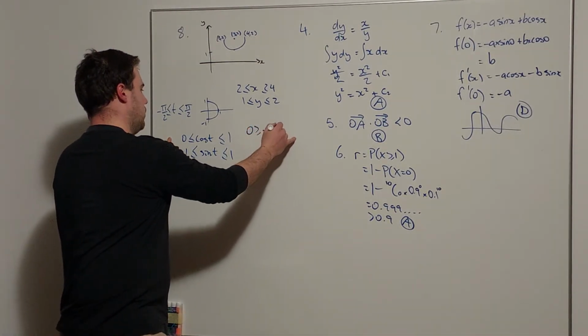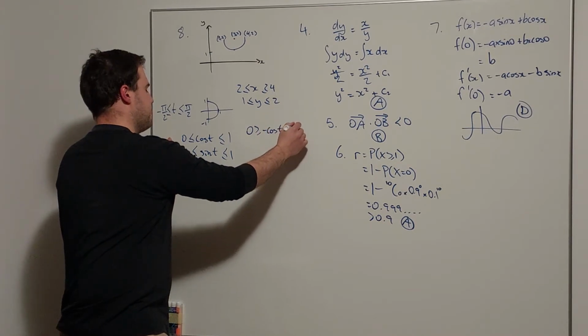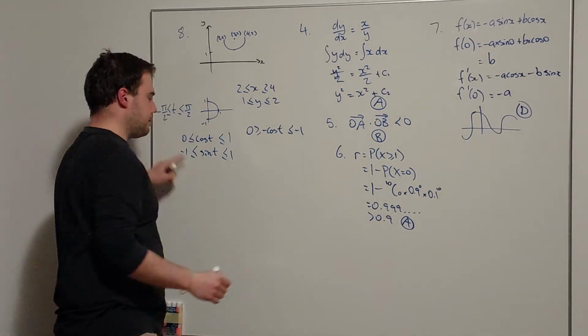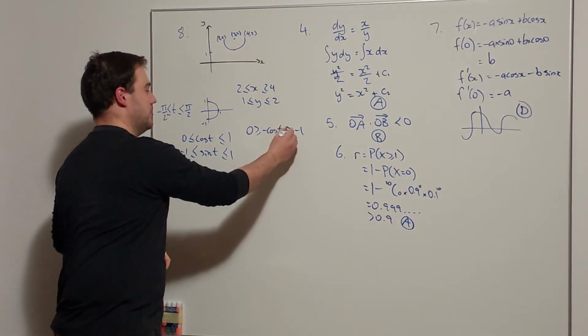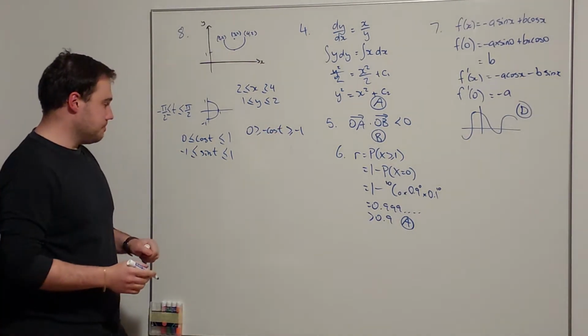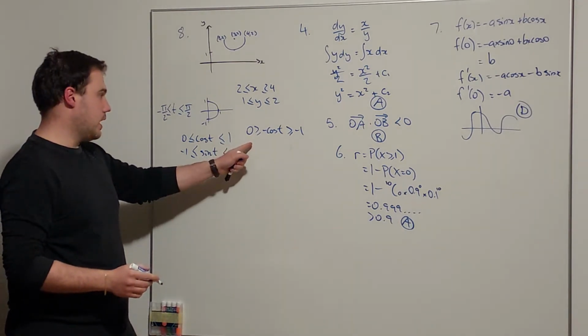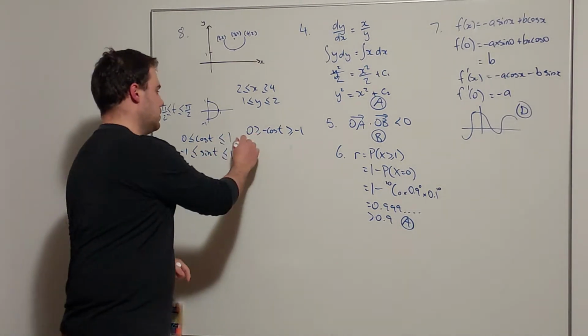So that's going to reverse the order of the inequalities. And then now if we add 2 to all of these, we're going to get 2.